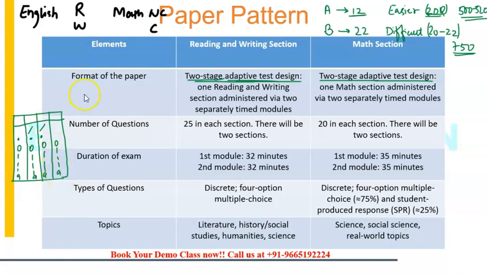So what happens in case of a grid-in is like filling an OMR sheet. I hope most of you would have done that for your International Mathematics Olympiad or National Science Olympiad. Let's suppose you solve a question and get your answer as 31 by 3. So you fill in 31/3. This is what we used to do when we had an OMR sheet. Now since everything is going digital, you don't have to do this.